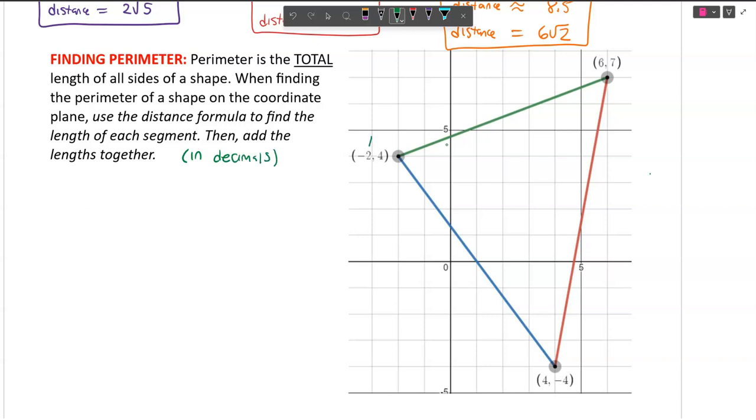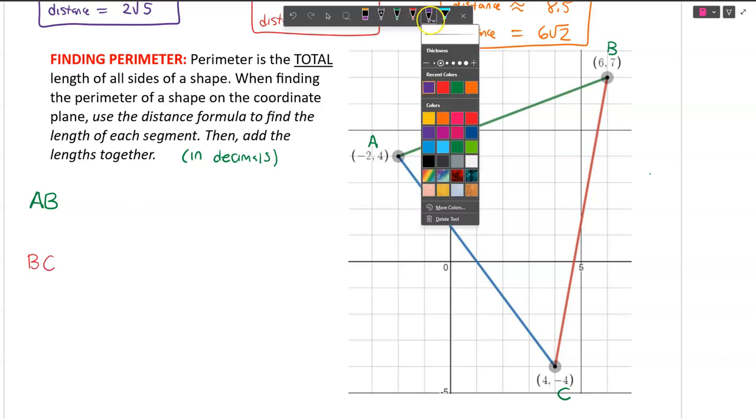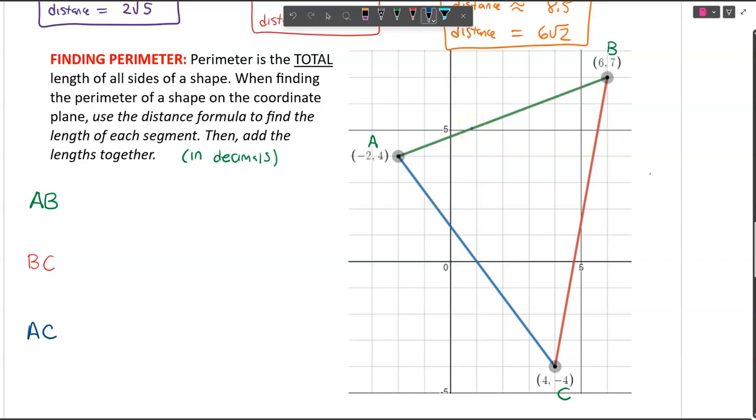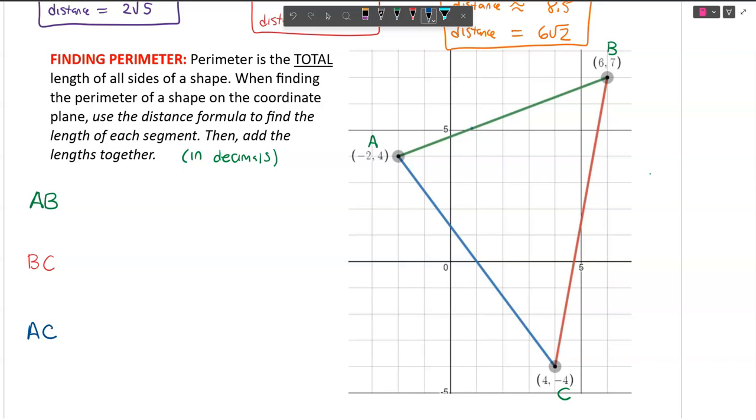And we'll call this point A, we'll call this point B, we'll call this point C. So what I want you to do is to find the length of the green segment AB. I want you to find the length of the red segment BC. And finally, I want you to find the length of the segment AC. Once we find all 3 of these lengths, based on the definition of perimeter, we can find the perimeter of this triangle simply by adding them together.